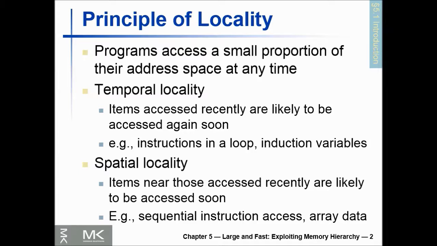If an item is referenced, items whose addresses are close by tend to be referenced soon. For the past 2 decades or so, the hardware has relied on the principle of locality for providing speed. Examples of spatial locality are sequential instruction access, array data, etc.